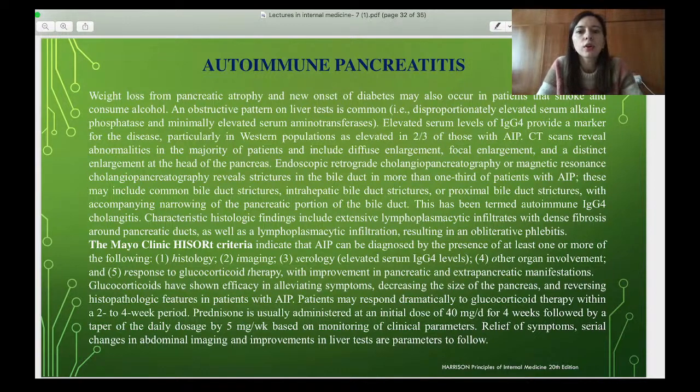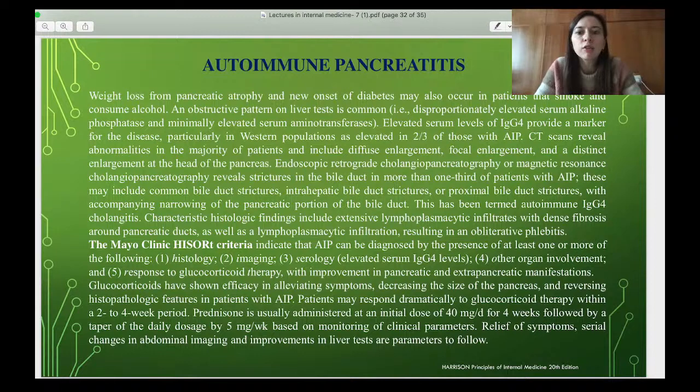Endoscopic retrograde cholangiopancreatography or magnetic resonance cholangiopancreatography reveals stricture in the bile duct in more than one-third of patients with autoimmune pancreatitis. This may include common bile duct strictures, intrahepatic bile duct strictures, or proximal bile duct strictures, with accompanying narrowing of the pancreatic portion of the bile duct.